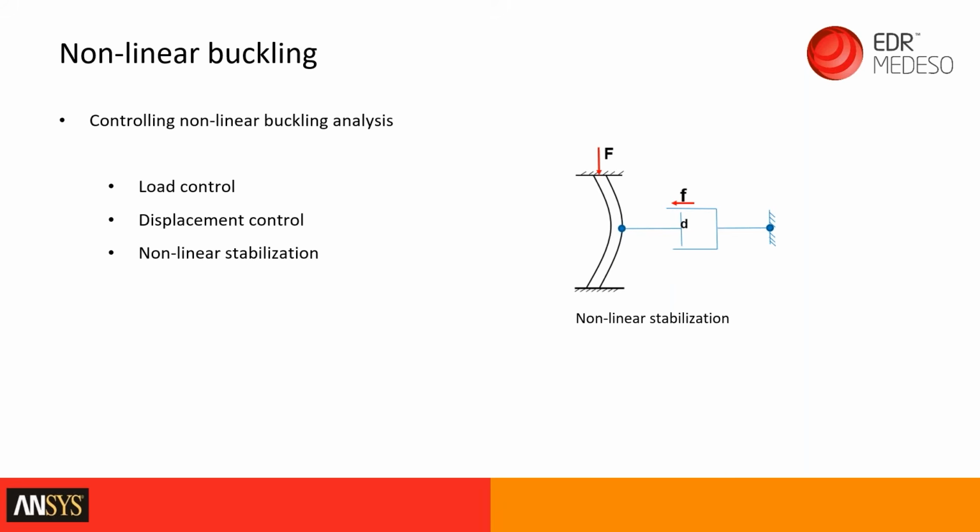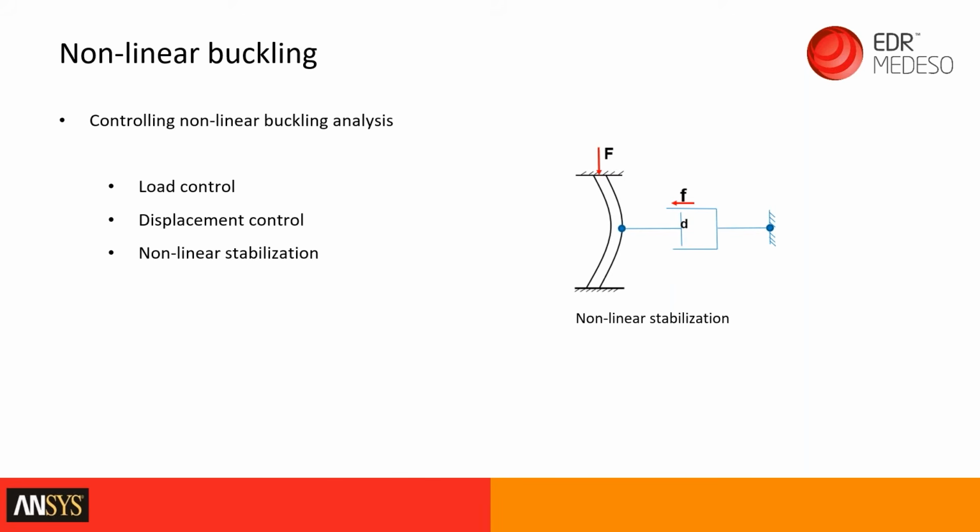As I mentioned before, at the point buckling occurs, the structure has 0 stiffness. Numerical methods struggle to handle this. What you can do in Ansys is apply nonlinear stabilization. This effectively applies some damping terms into the structure to give it a certain amount of stiffness at the point of buckling, which allows you to calculate past that buckling point.